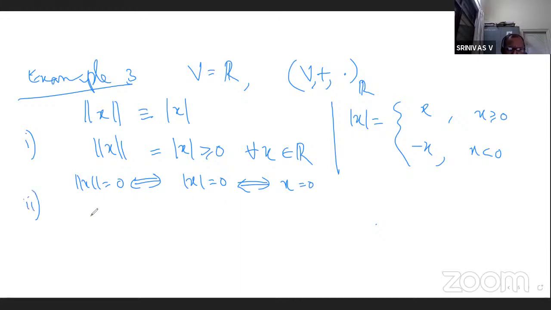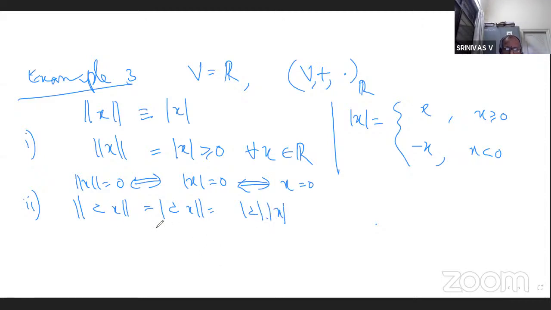The second one is the norm of c times x, which is the modulus of cx. The modulus of c times x is mod c times mod x.